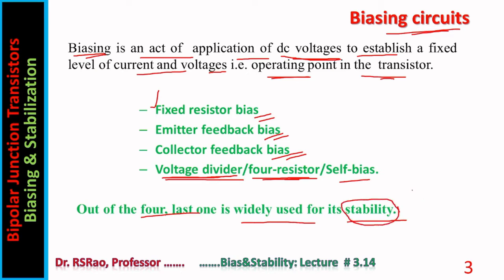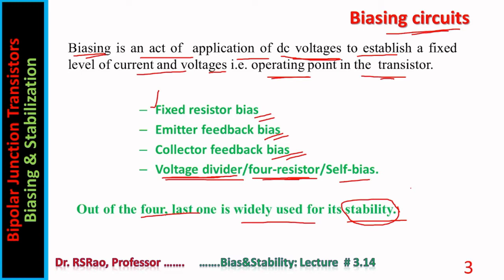As already mentioned, the purpose of biasing circuit is not only to establish operating point at a proper location, it also requires to provide stability.